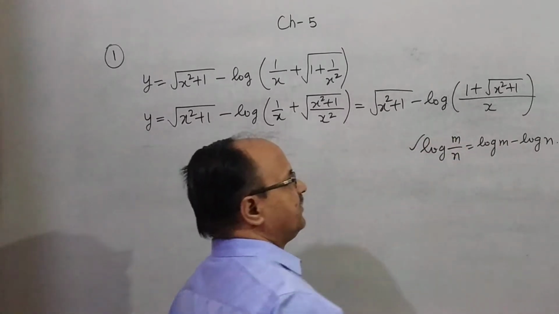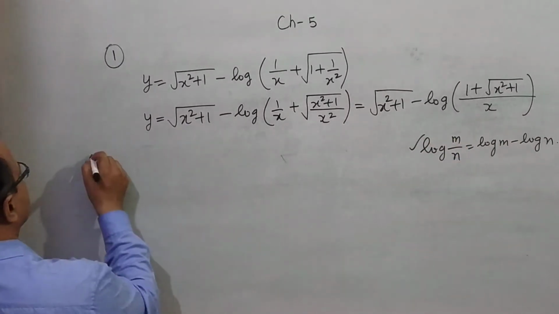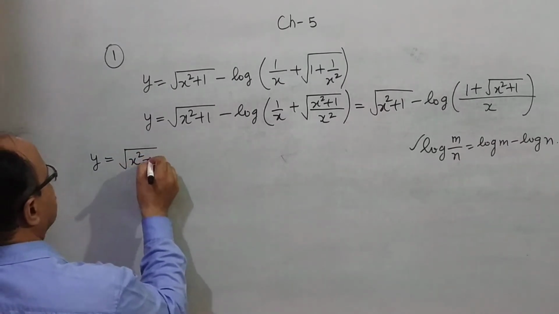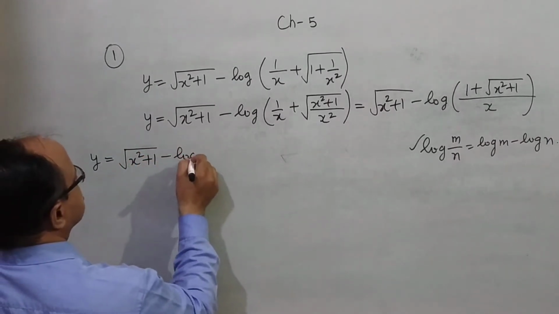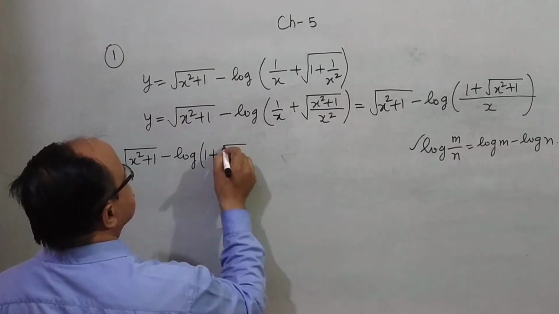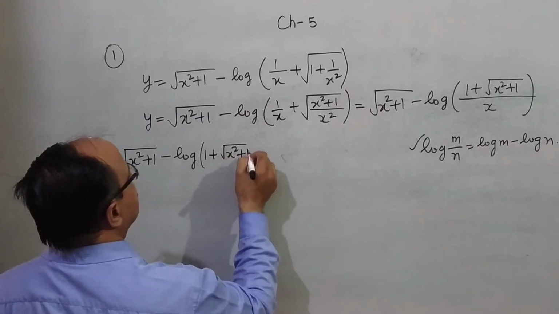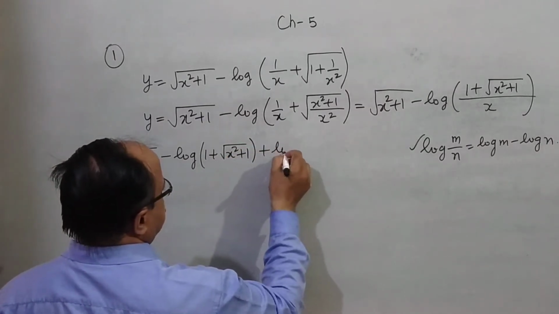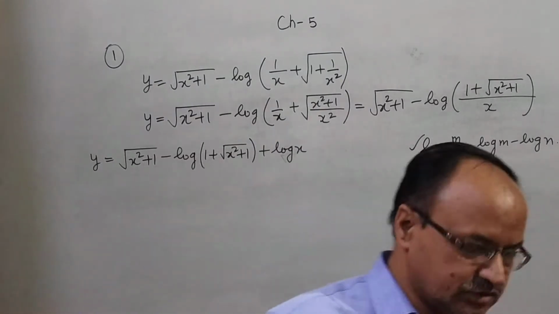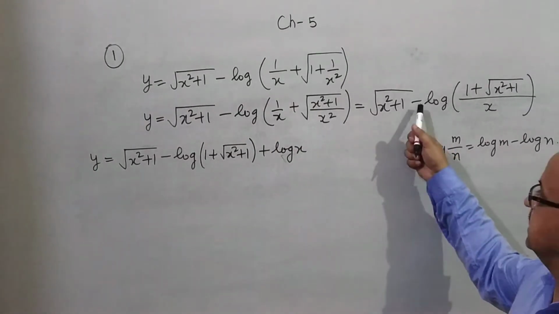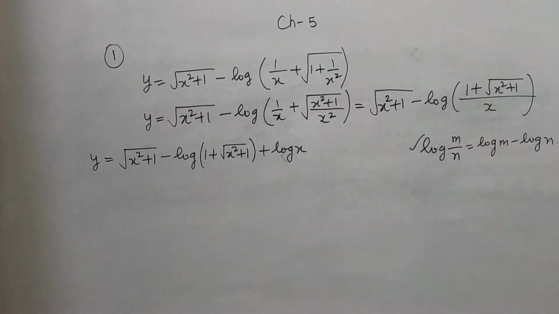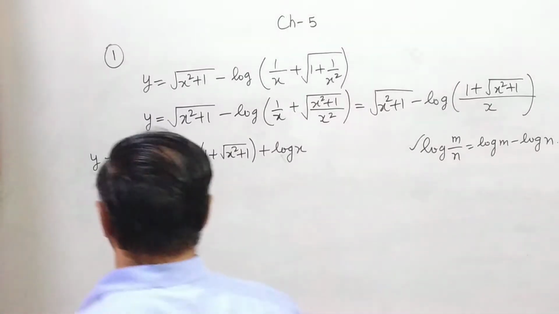Now we apply this property. y is equal to root x square plus 1 minus log, apply this property, log of 1 plus root x square plus 1, plus log x. Because you know that a minus sign is here, then we change the sign. Now differentiate both sides with respect to x.